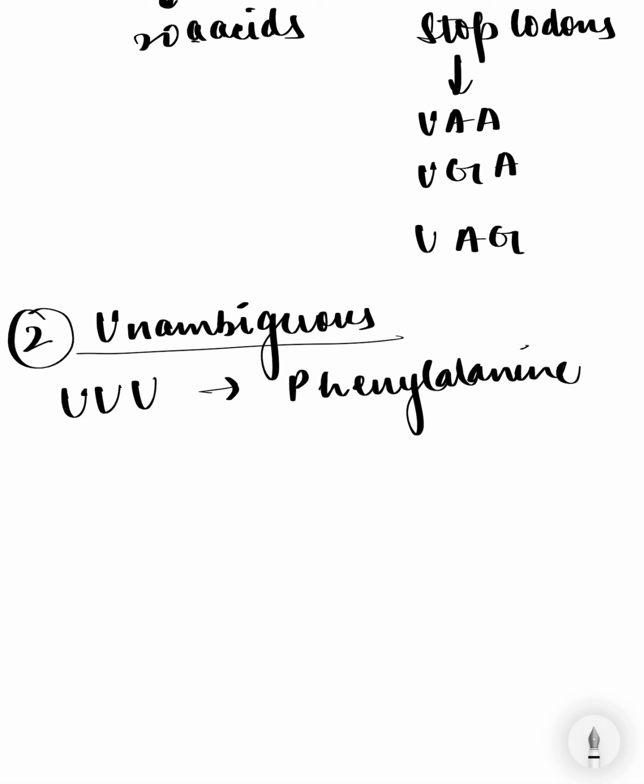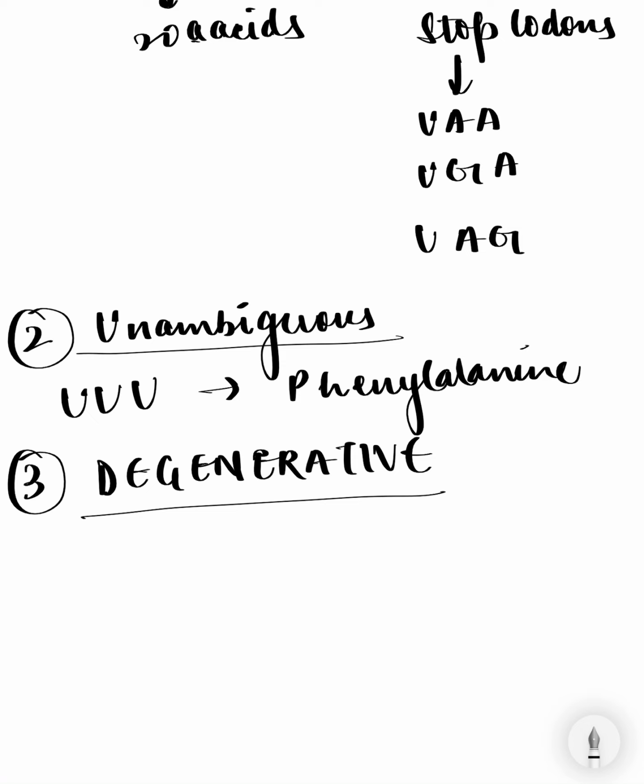Now about the third feature. In this we can say that the codon is degenerative in nature. That means there are certain amino acids which can be coded by more than one codon.